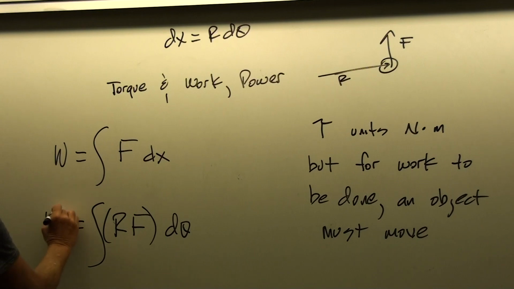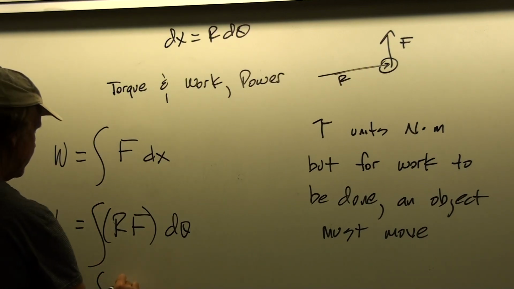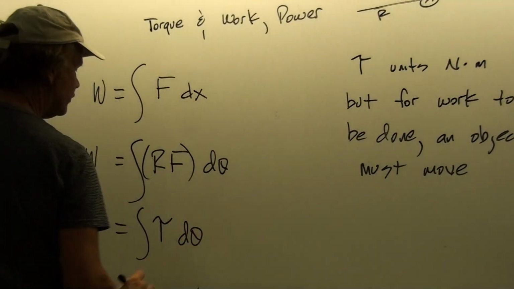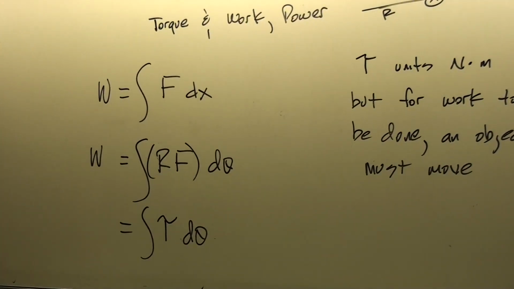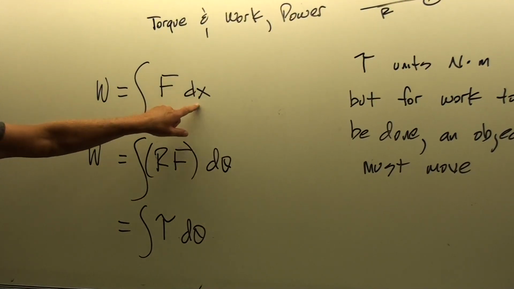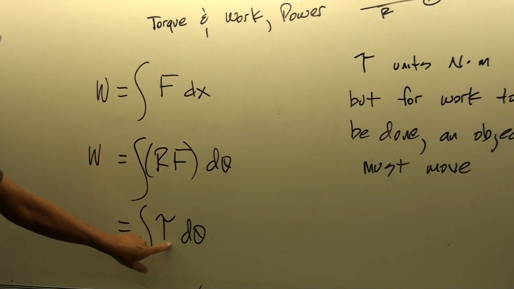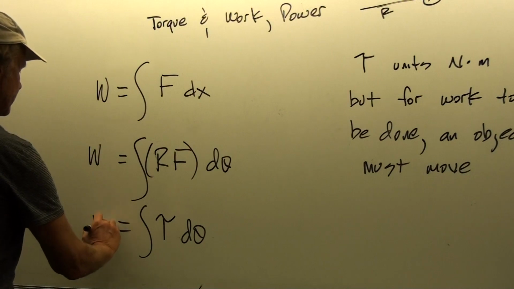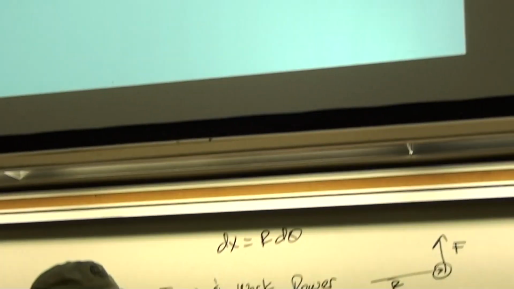So that our work done in terms of a torque must be thought of in terms of some angle through which the torque is acting. And so the equivalent then to the integral of F dx here is the integral of torque times d theta.